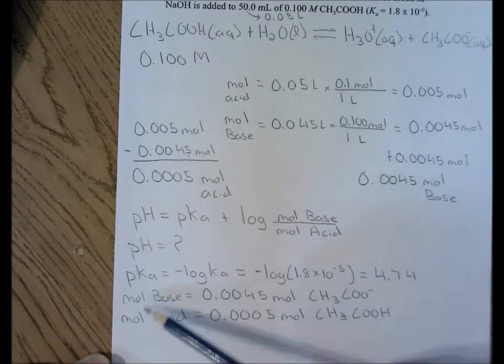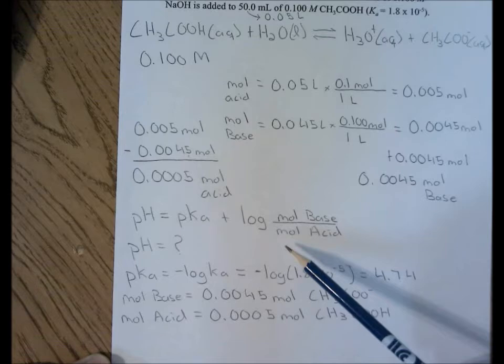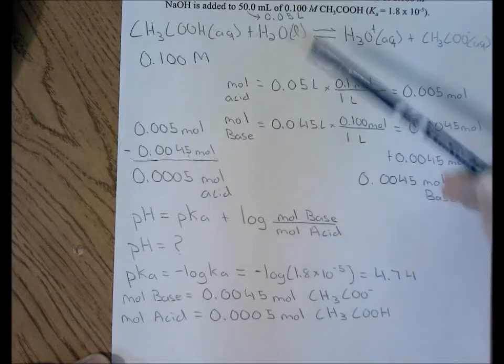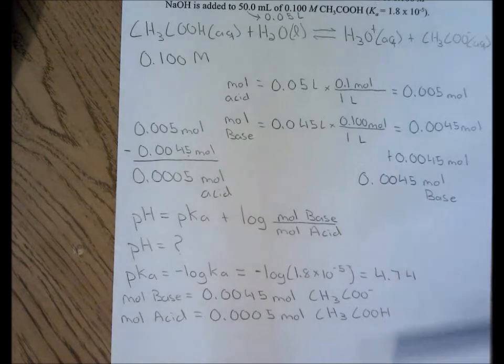And again, to emphasize this, we can use moles in this case because it's a ratio, and because we would be dividing by the same amount, that ratio would not change.